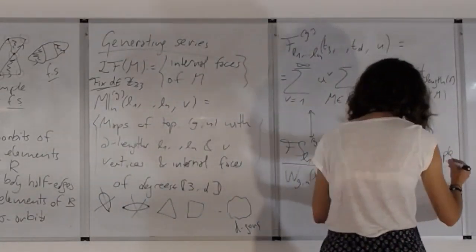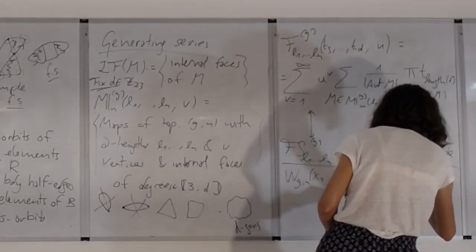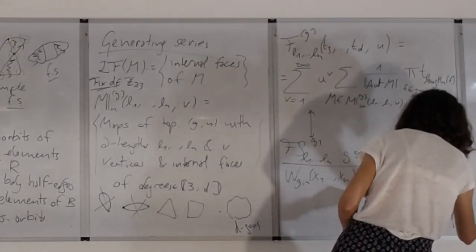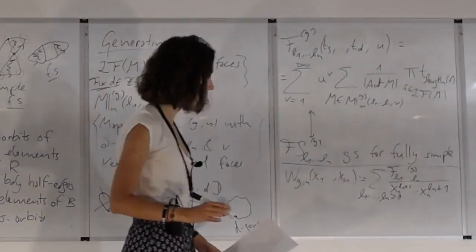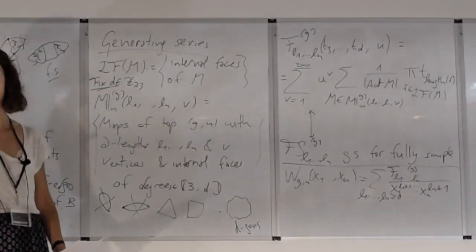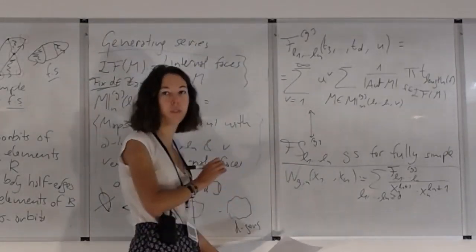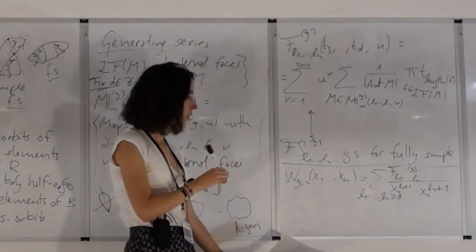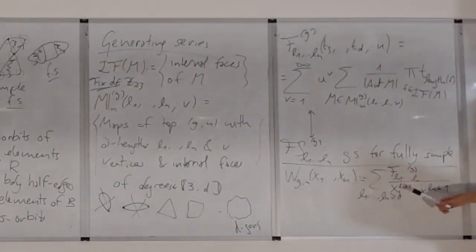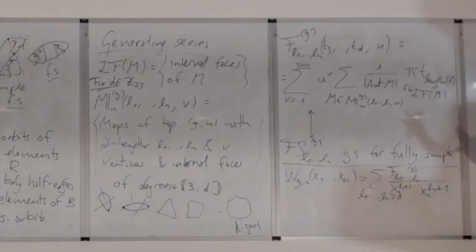They depend on those. And then in the denominator we just put x_1 to the L_1 plus 1, x_n to the L_n plus 1. So the x's now keep track of the lengths of the boundary faces. So now we are summing over all possible lengths for boundary faces, taking our generating series with these fixed lengths and adding some variables that keep track of these lengths. This is what we are doing.